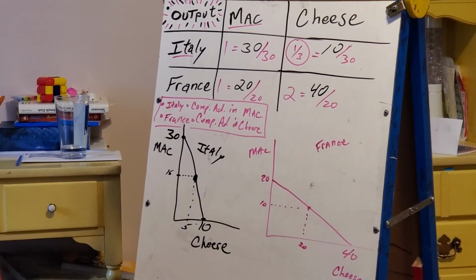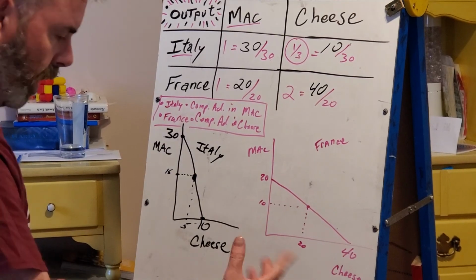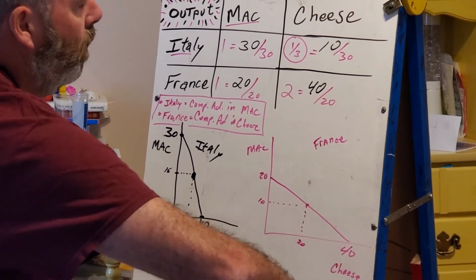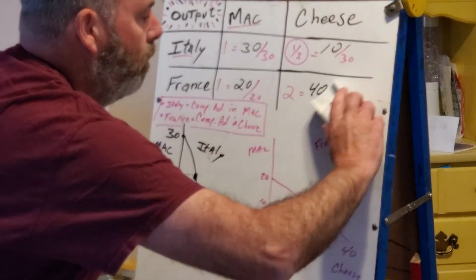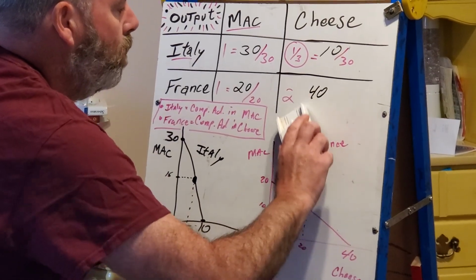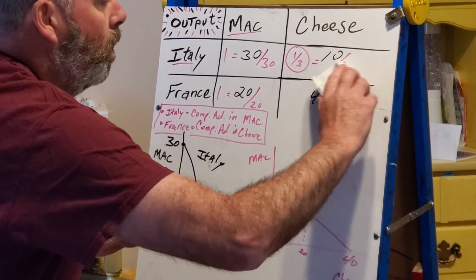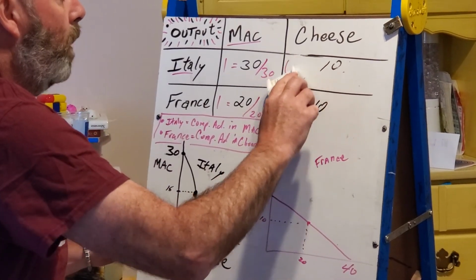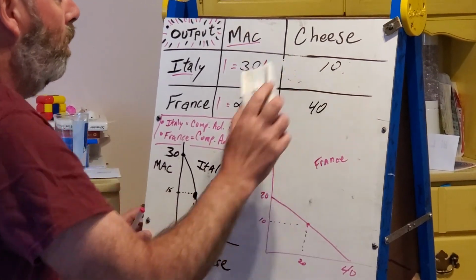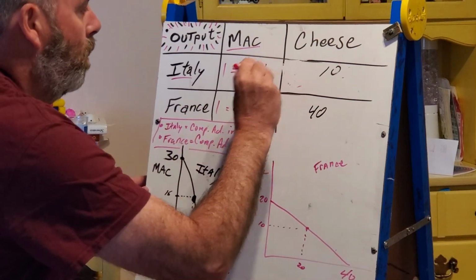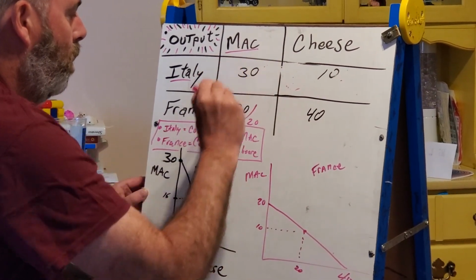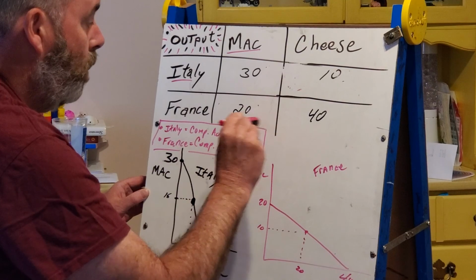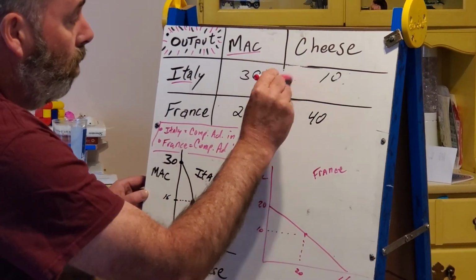All right, let us now get rid of this stuff, and let me just show you, or prove to you, that France does indeed have the comparative advantage in the production of cheese. This is good practice.